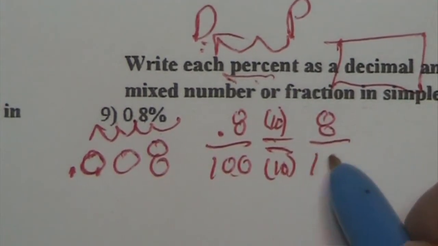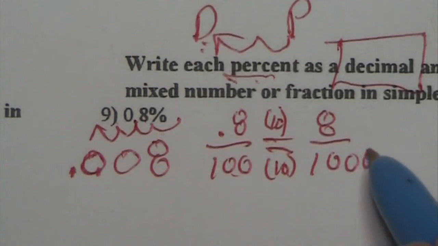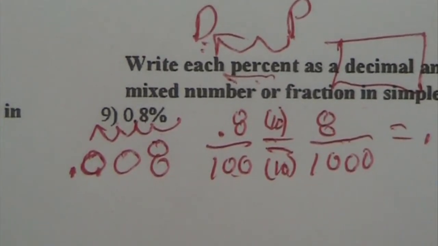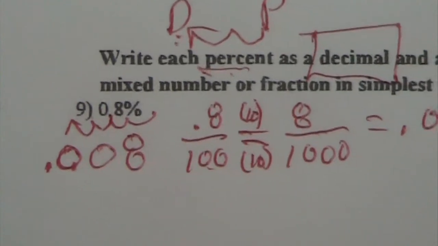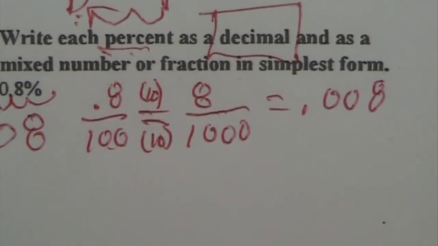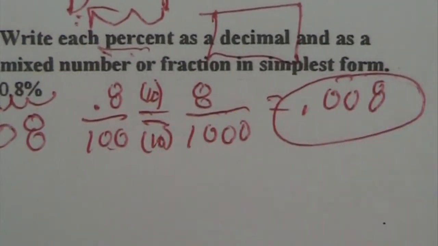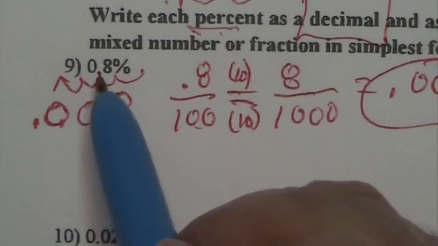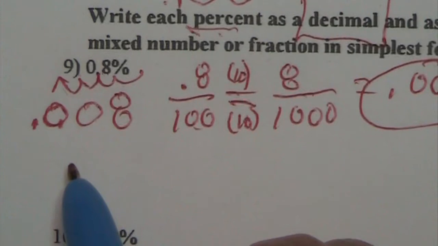And 100 times 10 is 1,000. 8 thousandths is 0.008. So it comes out the same thing. The decimal is 0.008. It's easiest just to move it over 2 spaces.